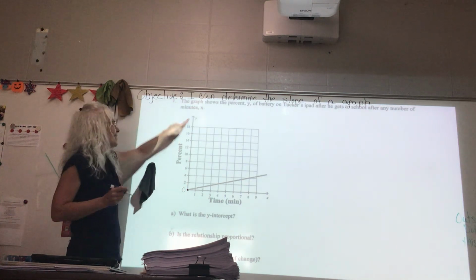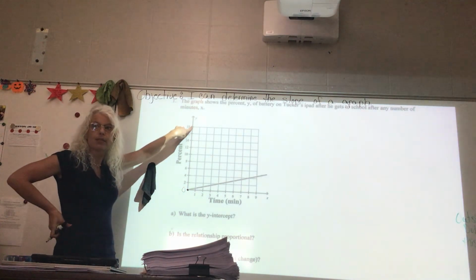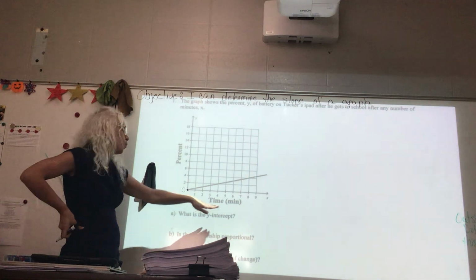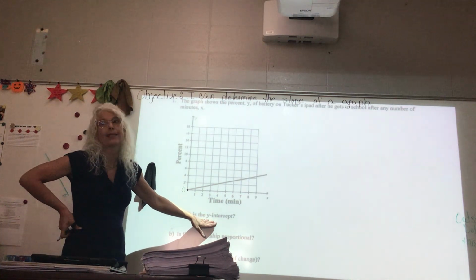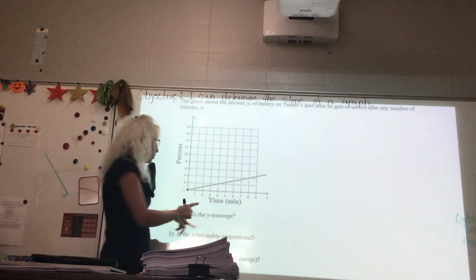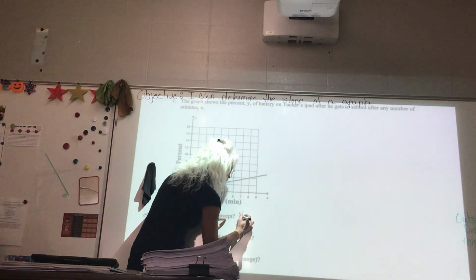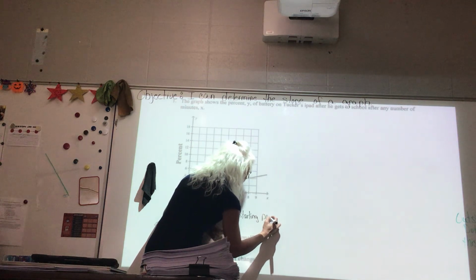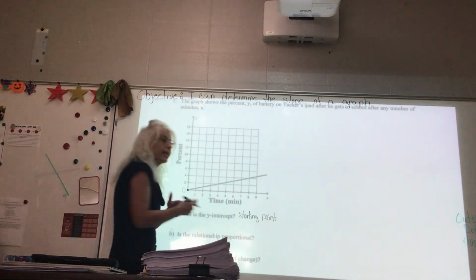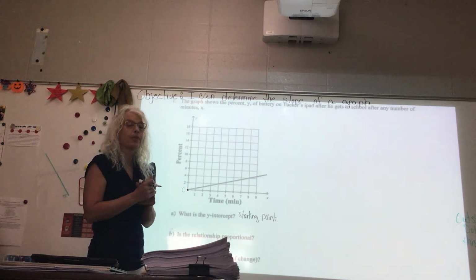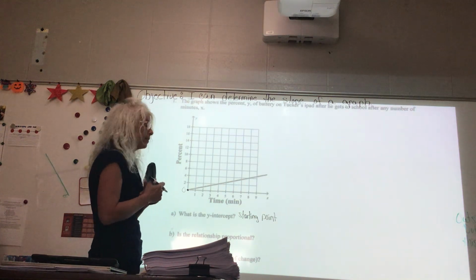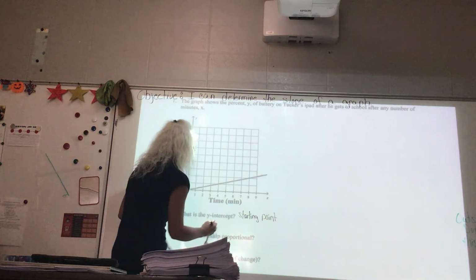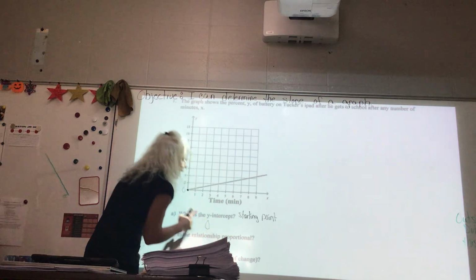So notice, we find the starting point because it's crossing the y-axis. The y-intercept is another way to say, what is our starting point? So we're gonna put starting point, so that can help us remember that y-intercept is another way to ask for the starting point, and the y-intercept is 0.